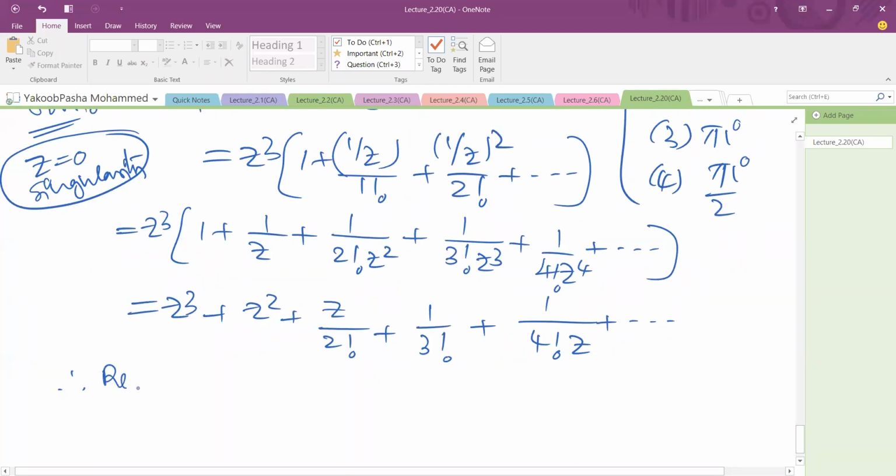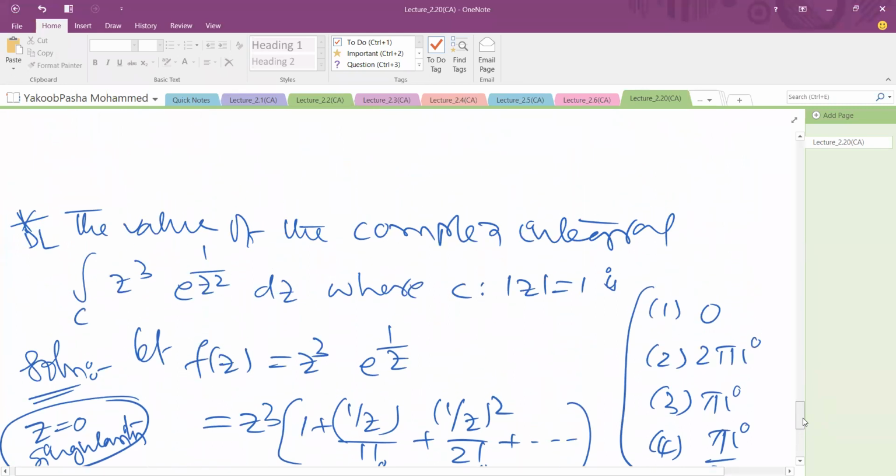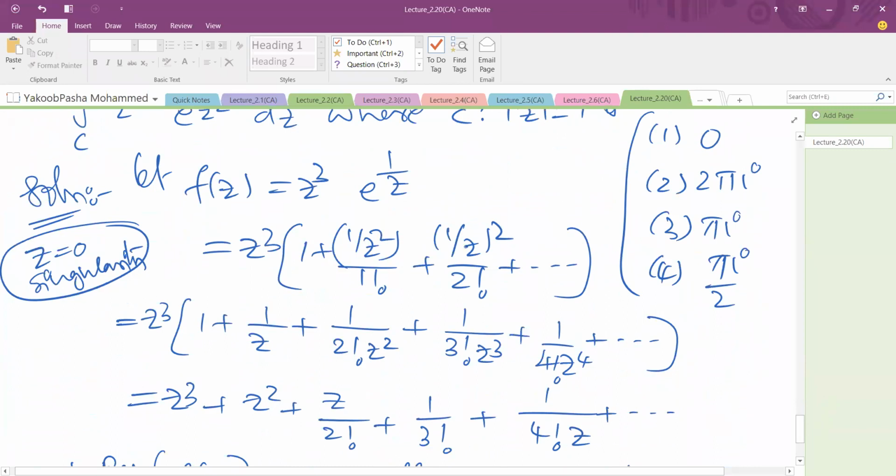That means residue of f of z at z is equal to 0, by the basic definition, is the coefficient of z power minus 1. Sorry, it is 1 by z square, so 1 by z square whole square.